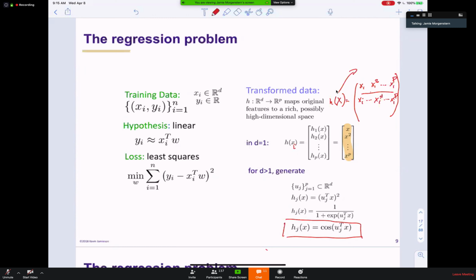So maybe a rephrasing, and you can tell me if I'm wrong: how do you choose which of these different ways to transform your data, if you could choose linear or quadratic, or one of these other strange mappings h, right? Is that the question you're asking?